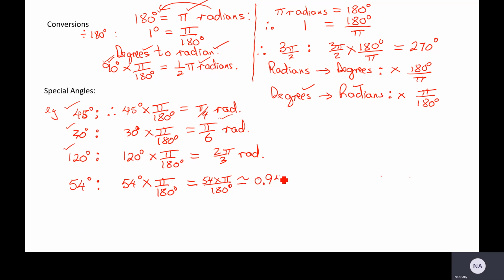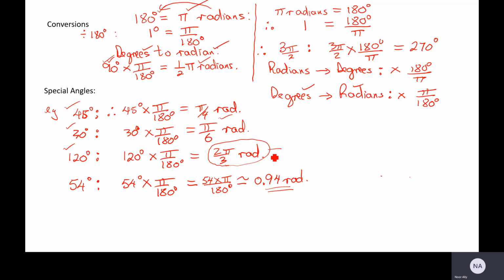I get 0.94 radians. Now look very carefully. I stipulate here 0.94 radians, R. Over here, I can also write radians in terms of pi. So 2 pi over 3, I don't need to include pi.